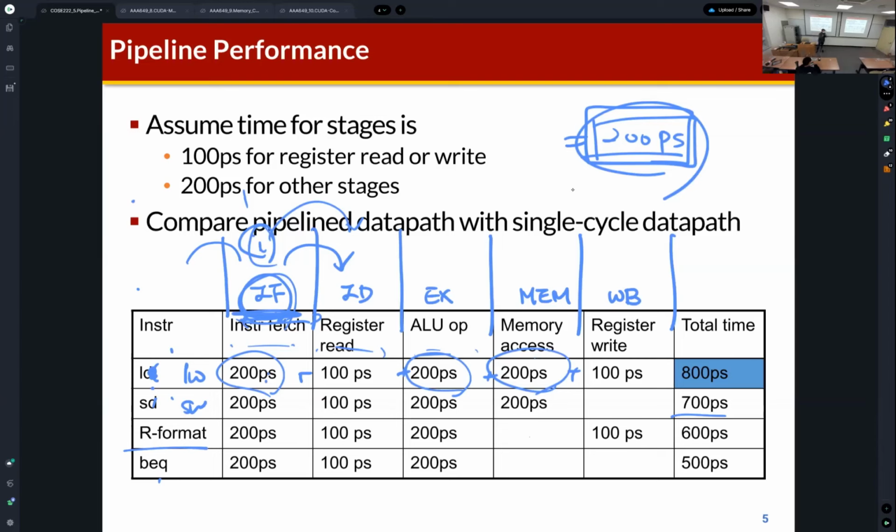This every 200 picosecond is equivalent to the clock period of the pipeline architecture. And what is the benefit? The benefit is, compared to the single cycle processor, which has the 800 picosecond clock period, TC is reduced. The clock period is reduced.